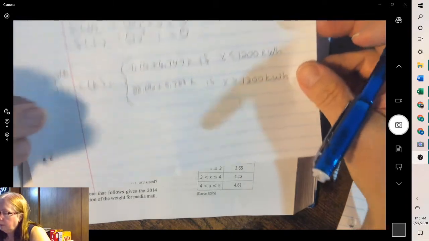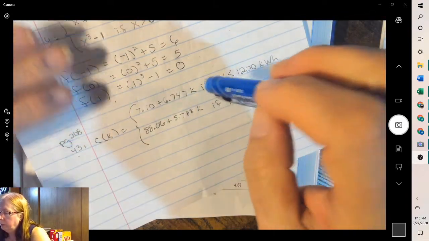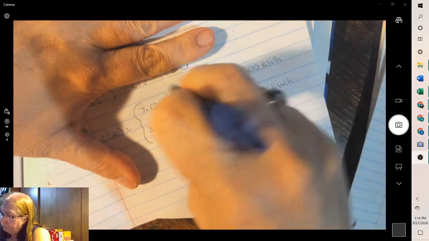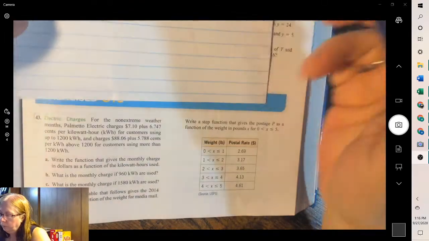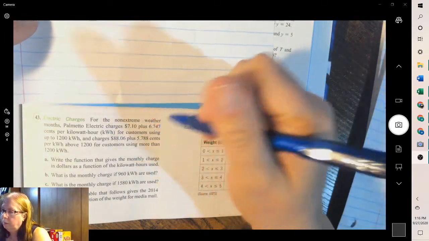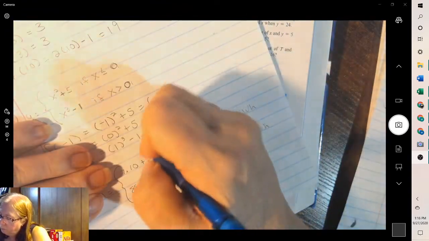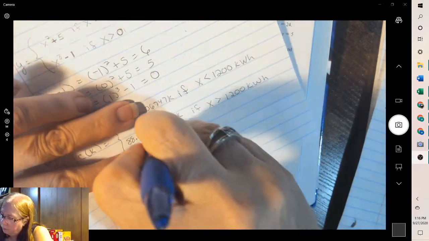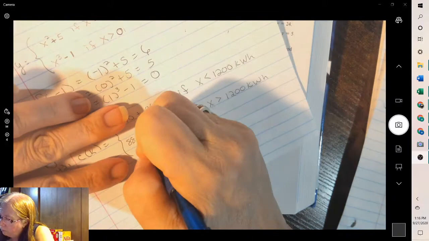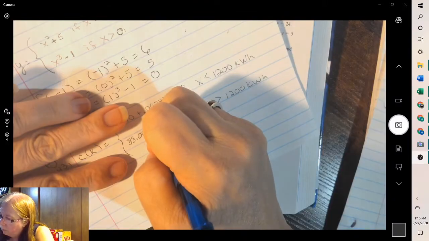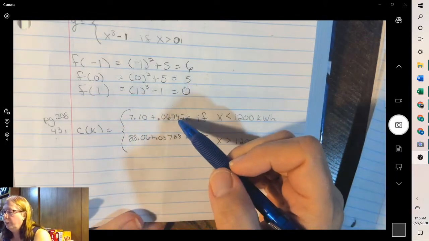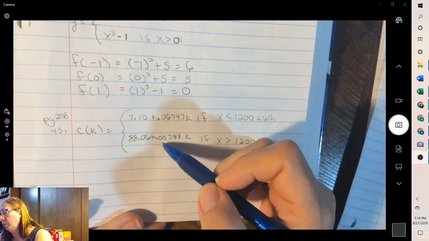Since it is in cents, we need to move 2 decimal places, because the one is in dollars, the other's in cents. There we go. So make sure units are the same. Since this is dollars, this was cents, I had to move the decimal over too.